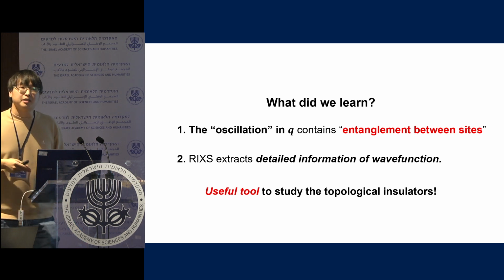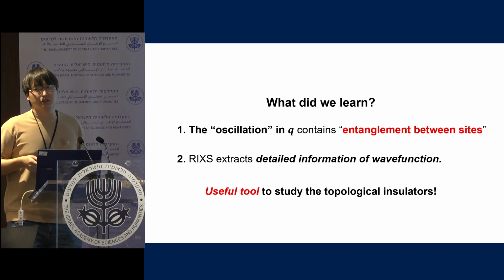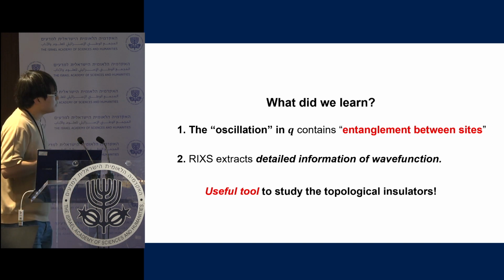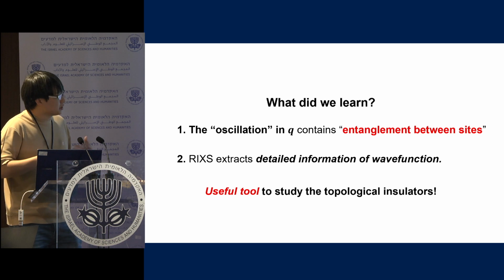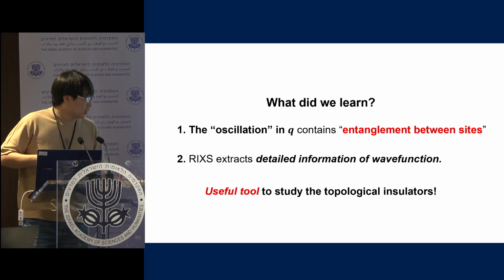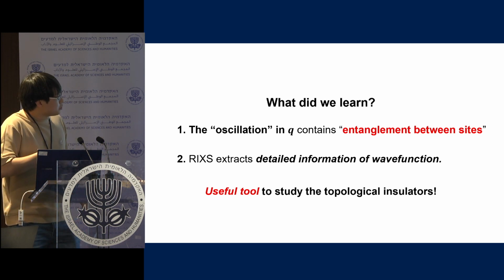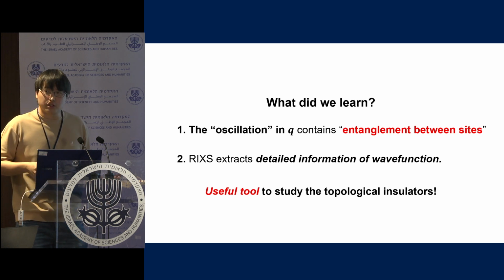Remember that band topology is a property of the wave functions. This example is enough to see that RIXS can extract certain information about the wave functions, so it is probably useful for studying topological insulators.